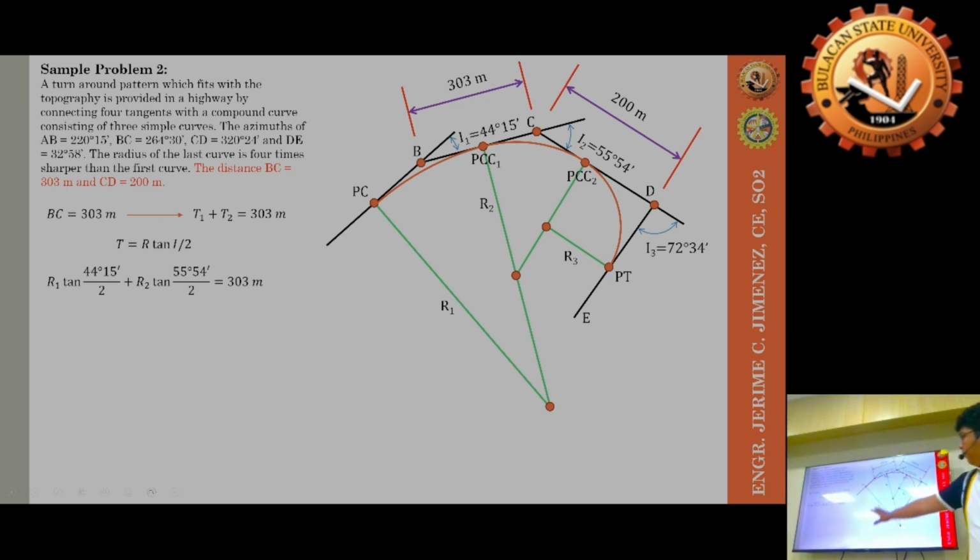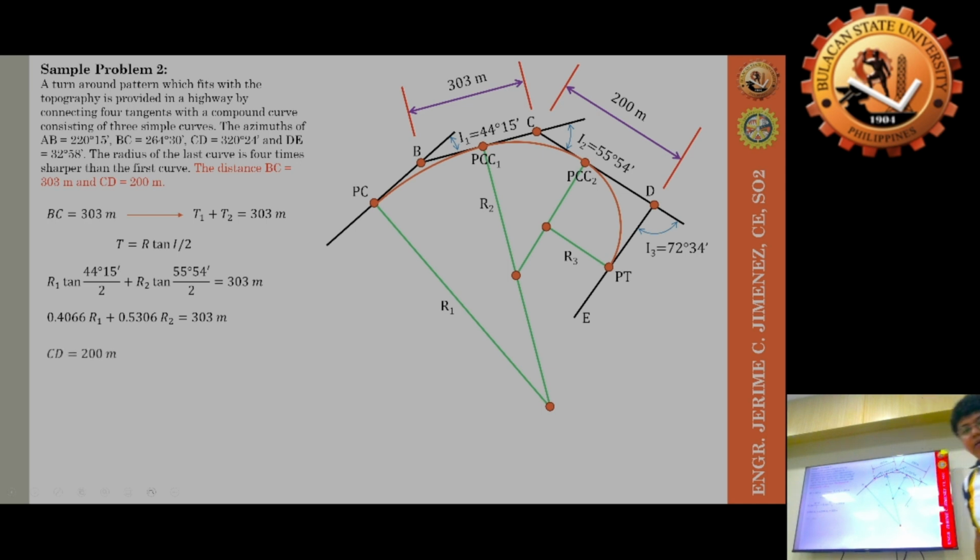Okay? Simplifying further, itong nakuha natin. So we have this equation. 0.4066 R sub 1 plus 0.5306 R sub 2 is equal to 303 meters. Okay? Punta tayo sa next given.